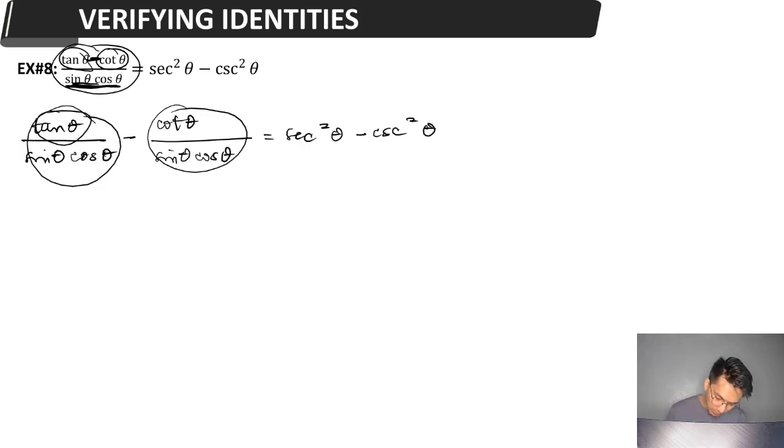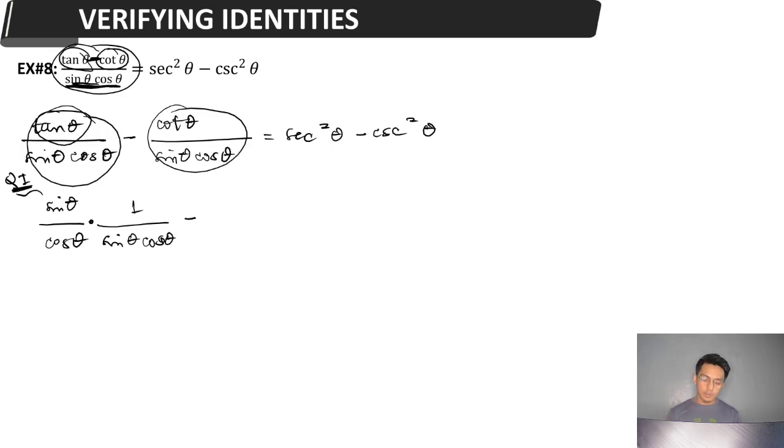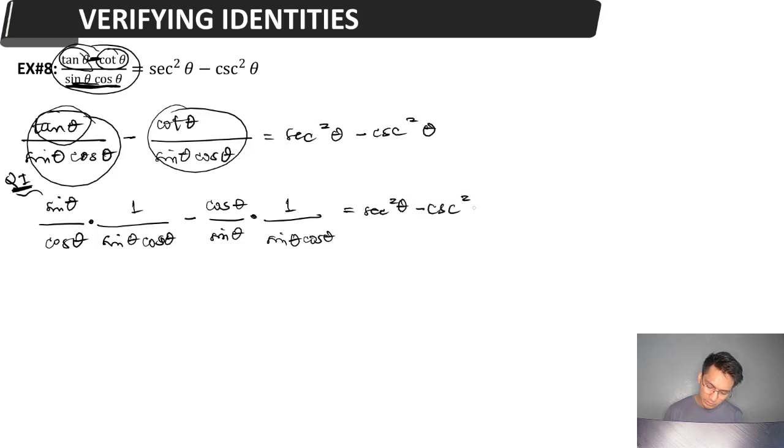Tangent theta muna by quotient identity is equal to sine theta over cosine theta times, lagay natin dito, 1 over sine theta cosine theta, minus cotangent theta by quotient identity ulit is cosine theta over sine theta times 1 over sine theta cosine theta. Yan, para mas madali. Is equal to secant square theta minus cosecant square theta.